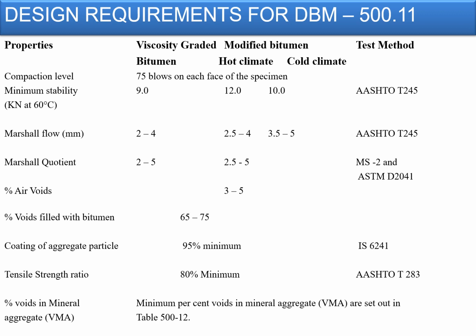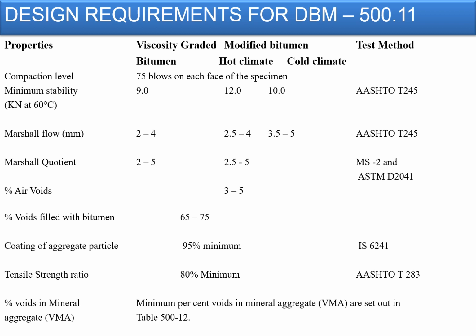The stability requirement for bitumen is 9 kilonewtons tested at 60 degrees centigrade. Under hot climates it has to be 12, and under cold climatic conditions it is to be 10 kilonewtons minimum stability required, and the test method is as per ASTM D6927.